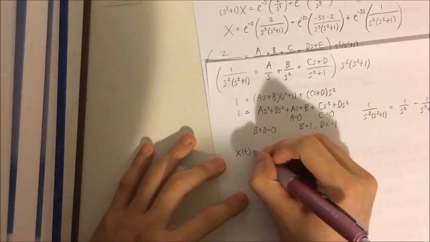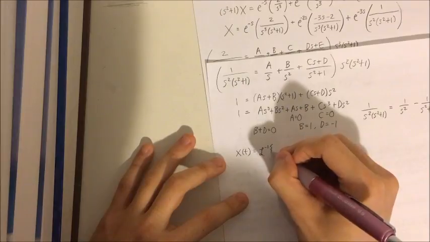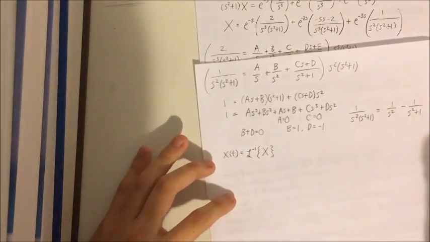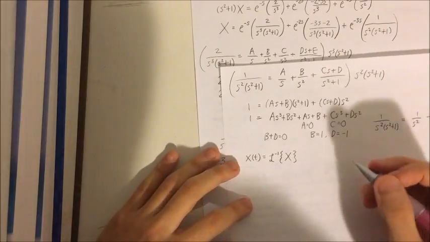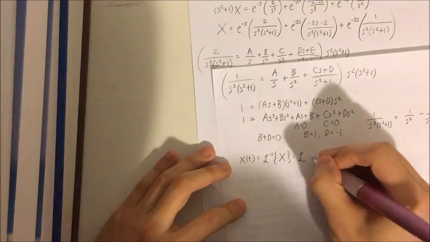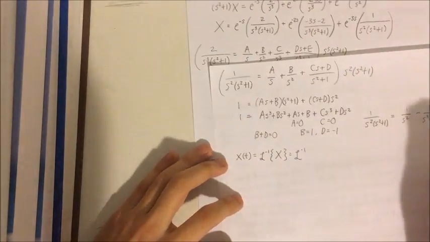Function x of t is going to equal the inverse Laplace transform of big X, which we said was the Laplace transform of x, so with the inverse of the operation, we get back the original. Now we take the inverse Laplace transform of this huge thing over here.